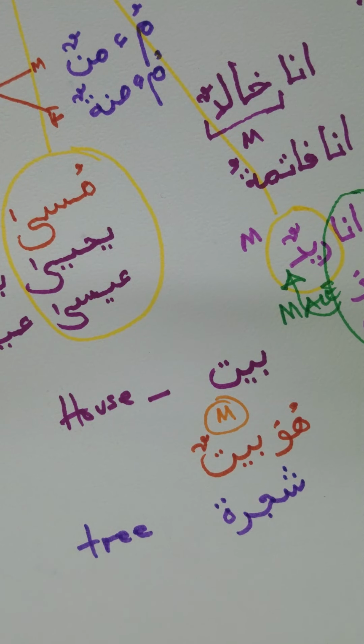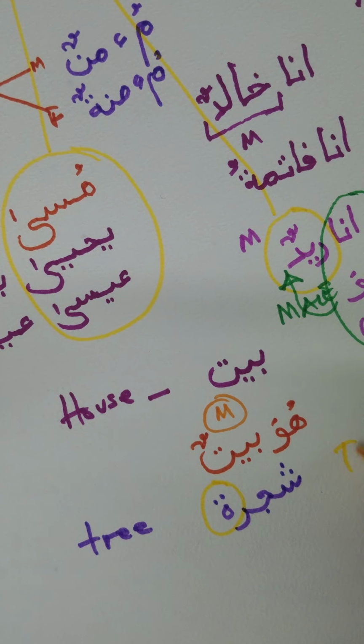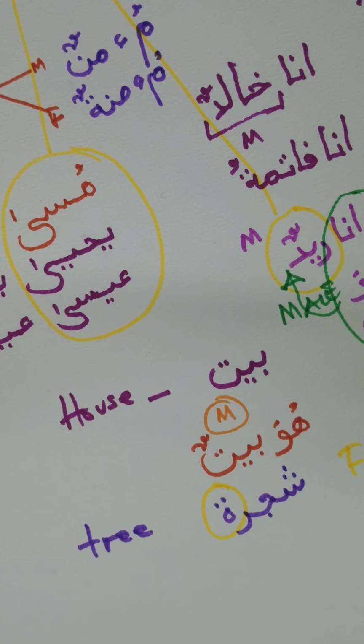Okay, you ask yourself, this word ends with a tamal boot. Therefore, this is a female isim. Why? Because it ends with a tamal boot. Where is the tamal boot? It's here. So this defines it as female or feminine. So how shall we write this?